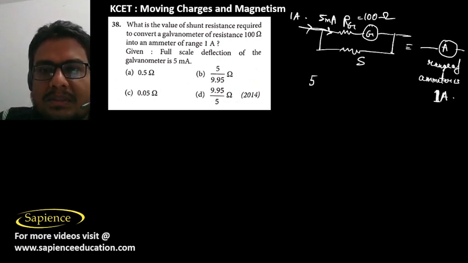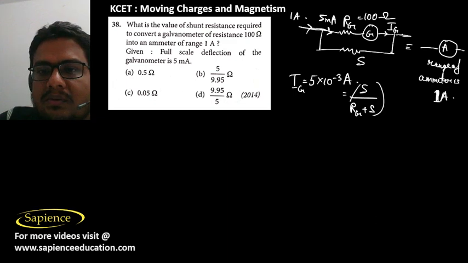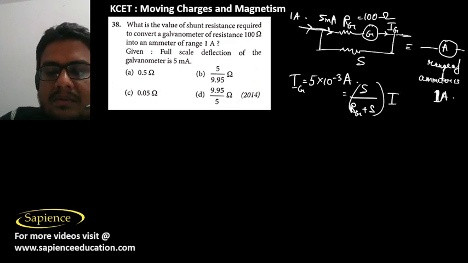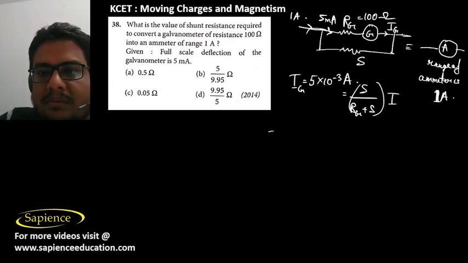So the current Ig through the galvanometer is 5 milliampere. So Ig is 5 into 10 power minus 3 ampere. So Ig should be equal to S by (Rg plus S) into the main current I. So current I is 1 ampere. So this will be 5 into 10 power minus 3 is equal to S by (100 plus S) into 1.